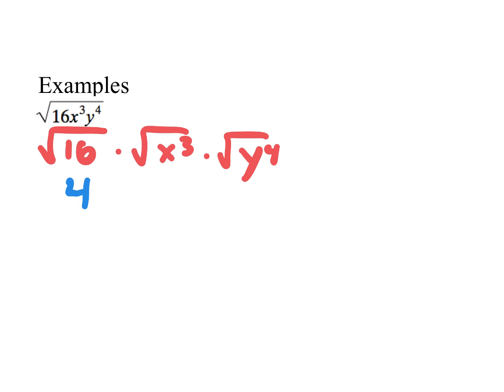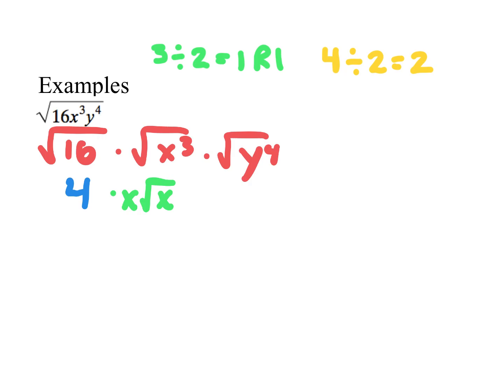For x to the 3rd, if I do 3 divided by 2, it gives you 1 with a remainder of 1. So x to the 3rd becomes x root x. So I have 1 x outside and 1 x inside. And then for y to the 4th, I do 4 divided by 2, which gives you 2 with a remainder of 0. So this becomes just y squared.